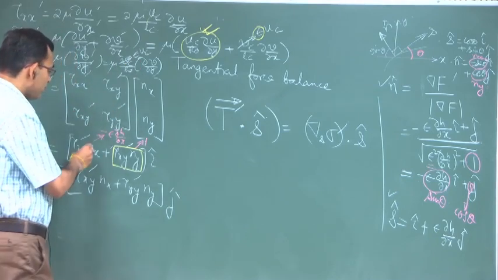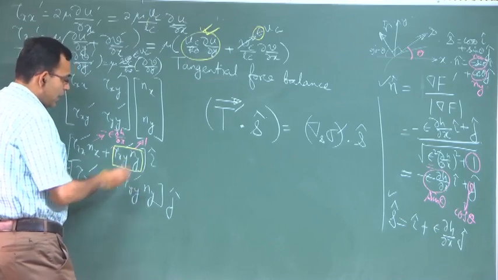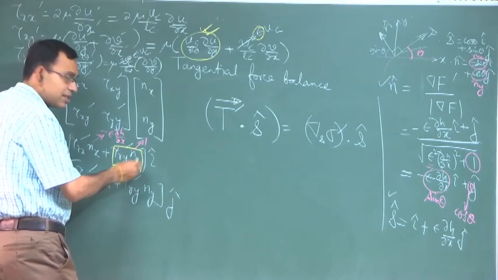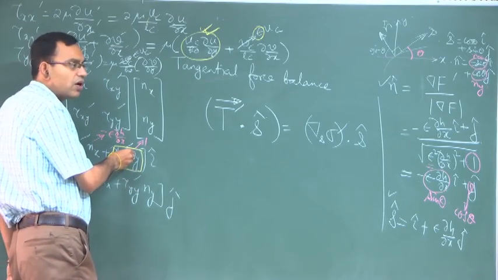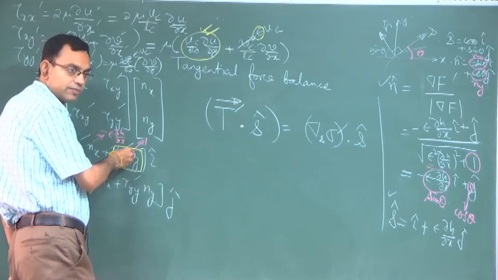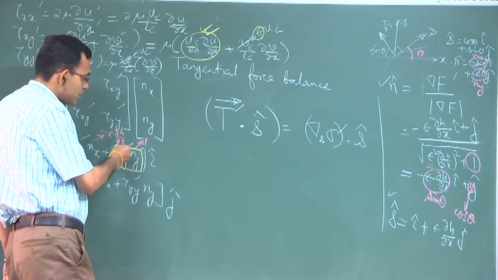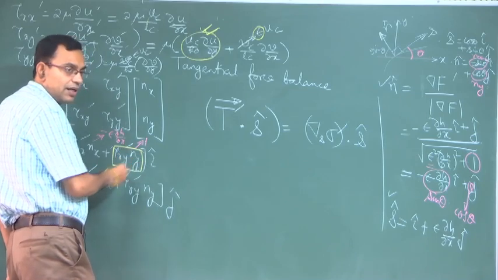So, out of these 1 2 3 4 except for this term, others will have of the order of epsilon or epsilon square, right. This will be therefore the leading order term.